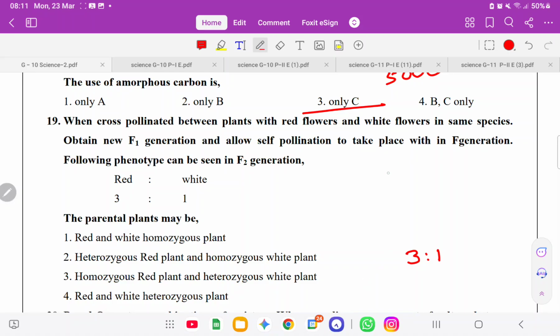Initially they cross-pollinate red flowers and white flowers, right? Obtain the F1 generation.